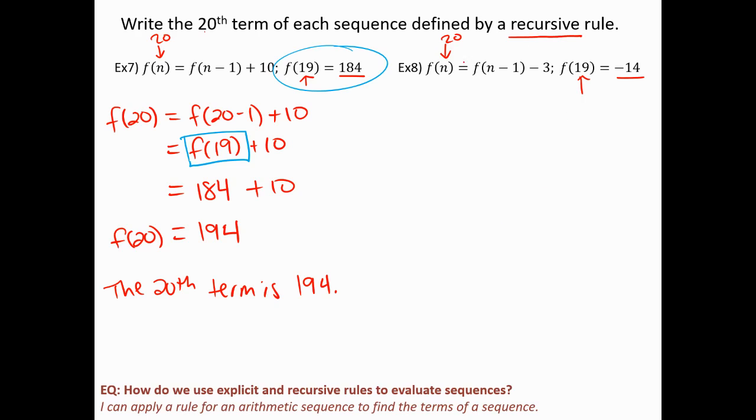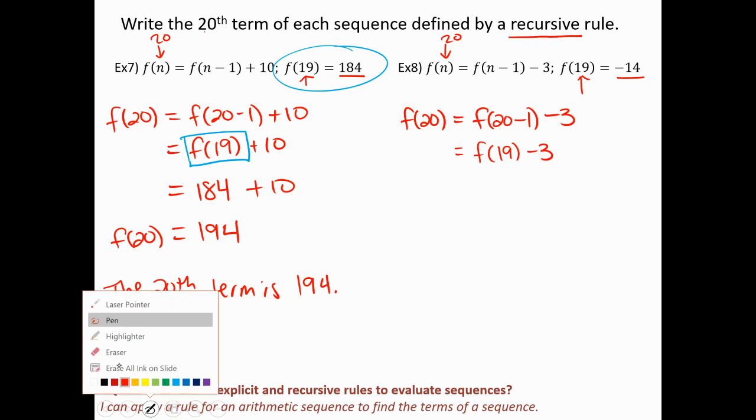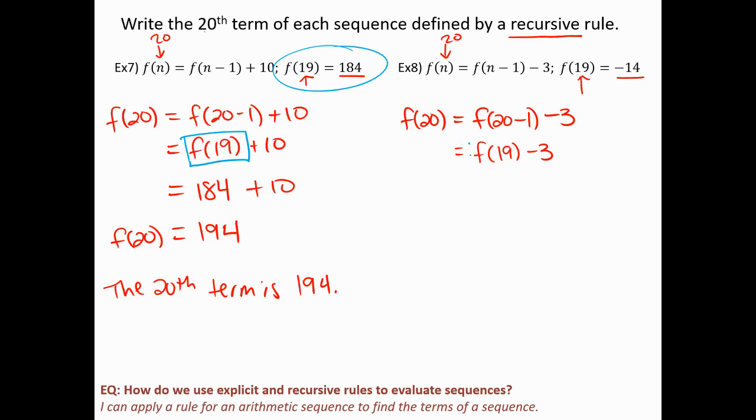All right, and then the next one, same idea here. We're going to plug in 20 for n, which means all the n's become 20. And then I'm going to simplify. 20 minus 1 gives me 19. And once again, I look back and they gave me f of 19, which is right here at the top.